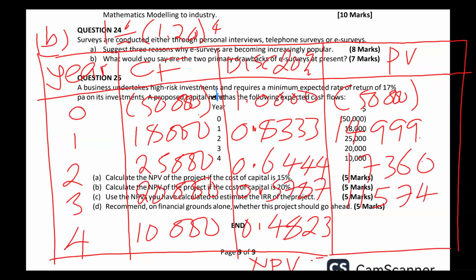What about in the fourth year? 4,823. Then you can add these and deduct the initial outlay, the 50,000, to find the net present value.